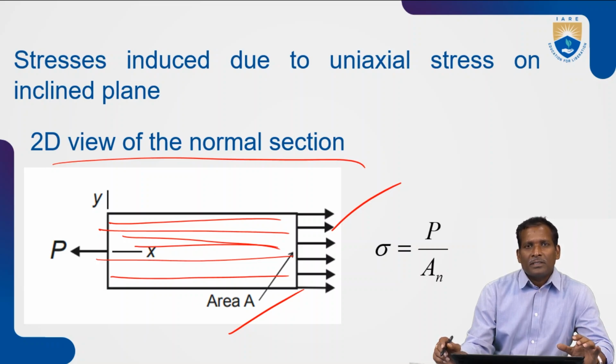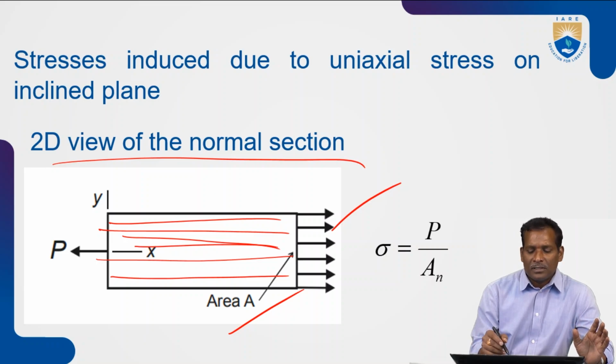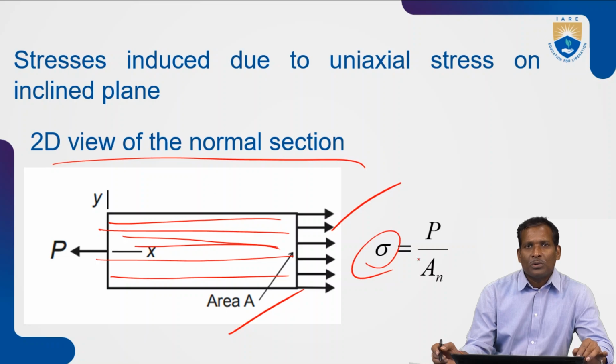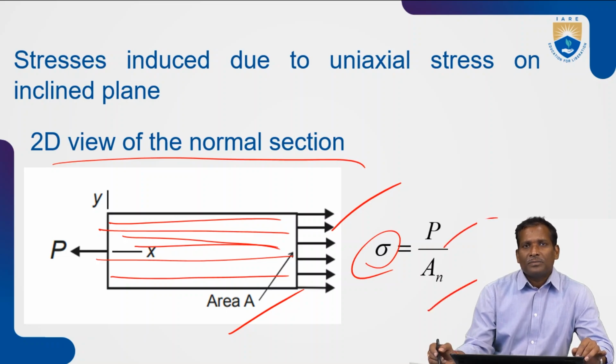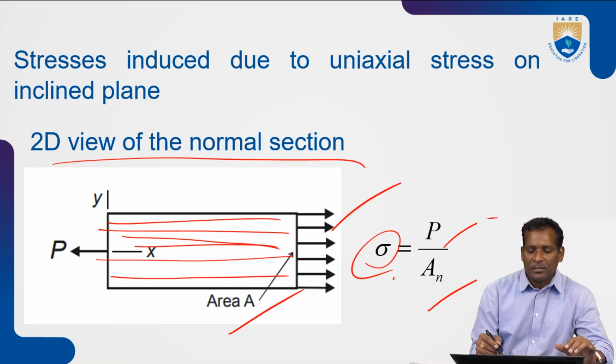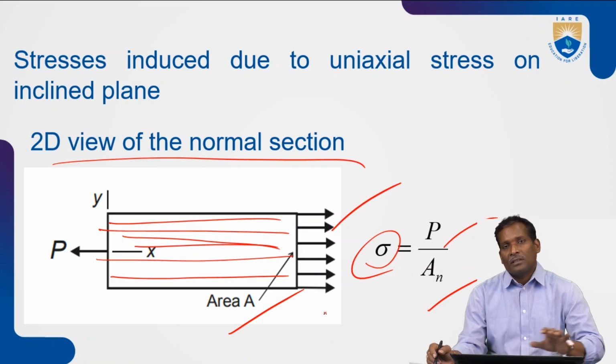So here we have derived the equation: the stress is equal to load per area. For the normal section, wherever you take the section, you should calculate that area and substitute in this. You will get the normal stress.